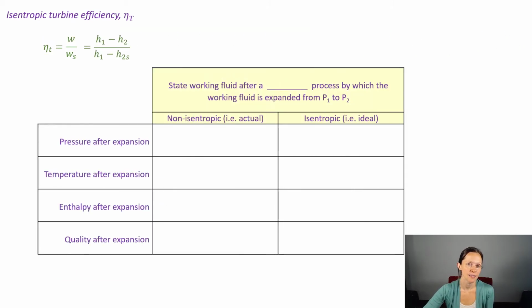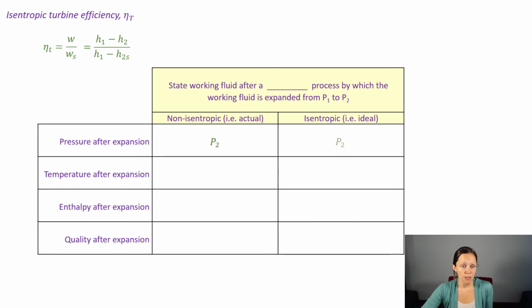Sometimes people get a bit confused. I'm comparing the actual process to the isentropic process, and I know that state 2 and state 2S are not actually the same, but are all the properties different, or are just some of the properties different?